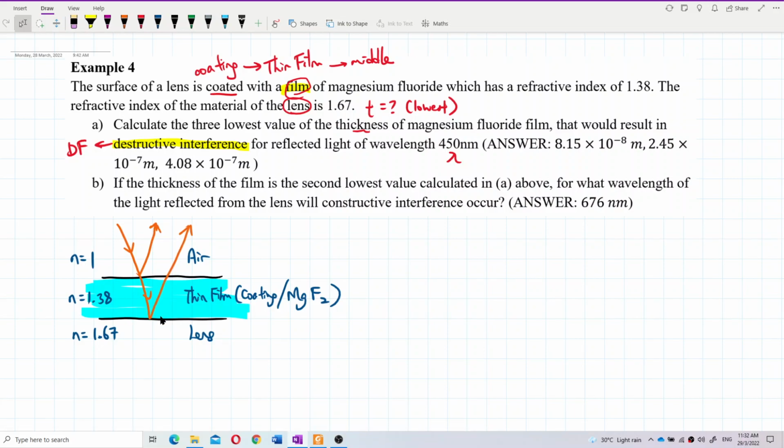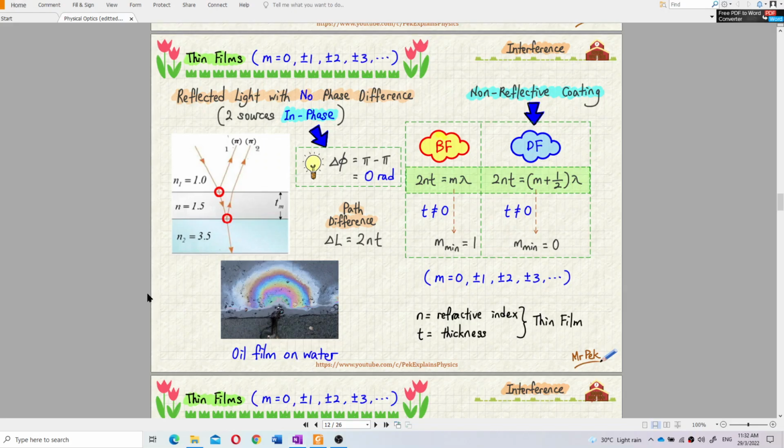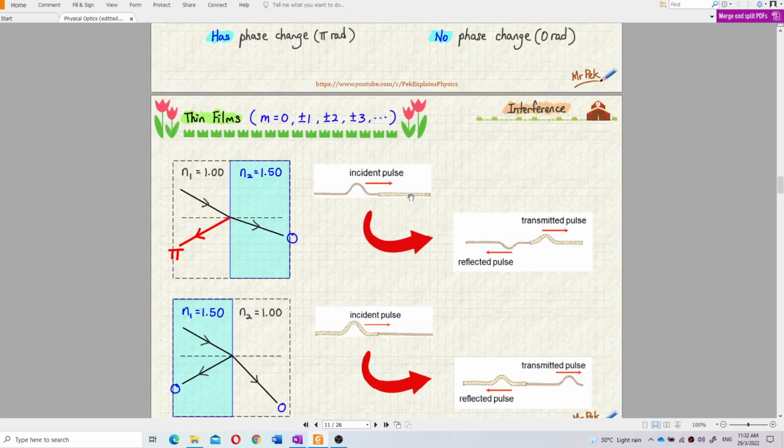So here you have ray 1 and ray 2. Let me rearrange this. Now look at ray 1. Is there any phase change? Remember our notes.